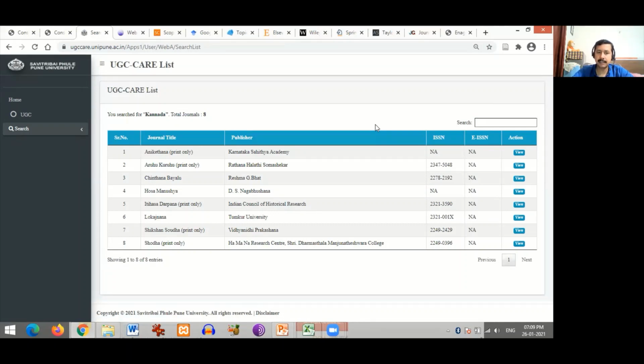So there are 8 journals which are listed in UGC CARE which publish content in Kannada language. This is only an illustration. This can be searched for any other language.